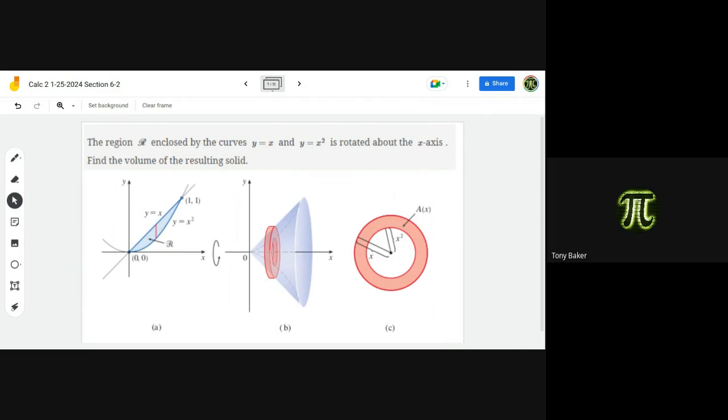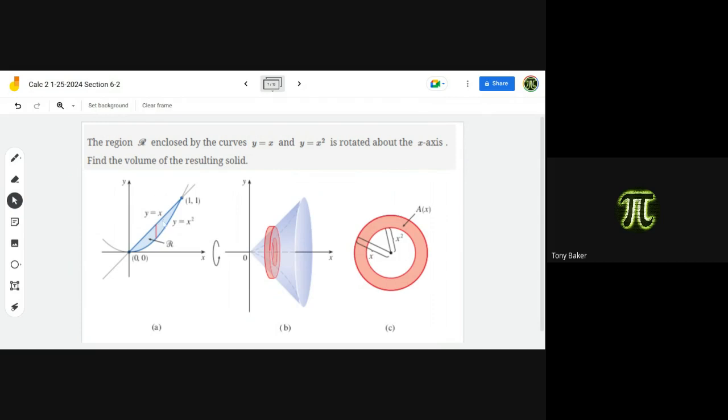All right. So again, like I said, the hard part is your R. When we're looking at the washer method, it's still the disc method, it just has a hole in it now. We have multiple areas.